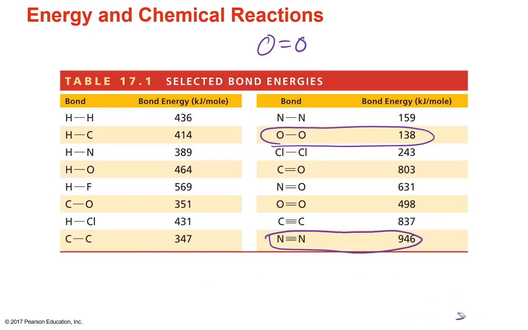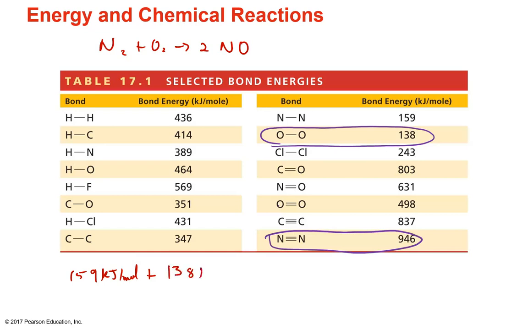So 159 plus 130. Hey, you're not supposed to go faster than me. Okay, so N2 is 159. And O2 is 138. That's what you said, right?